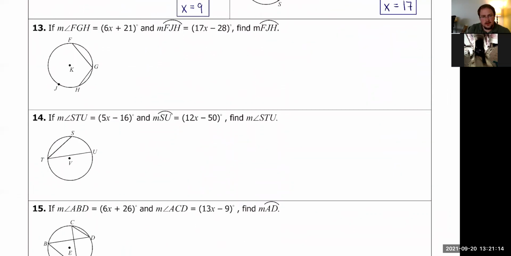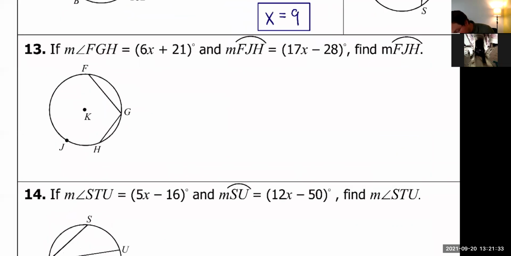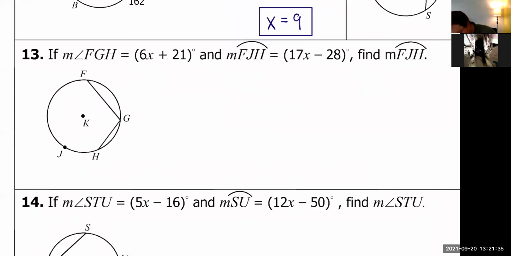All right. We're going to jump through a couple of these because it's more or less the same. We'll probably do 13 and 15. I'll give you the answers to 14 and 16 as we get to those. Number 13, it's giving me a diagram here, this circle.